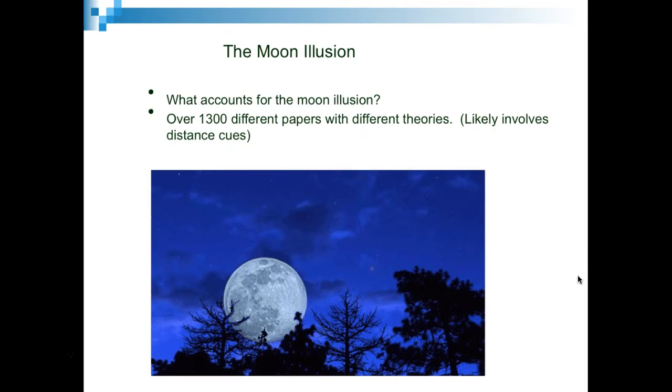The moon illusion. I won't say a lot about it, not now, but I'll just tell you what it is because next time you see it, I hope, like me, you think it's really a beautiful illusion. You're driving down the highway, you see a full moon low on the horizon, and the key is low on the horizon.